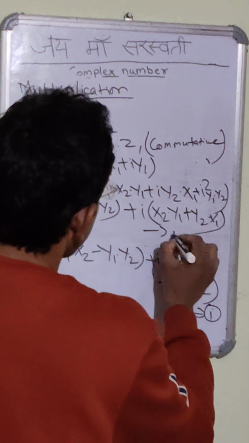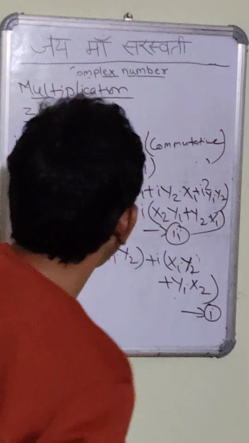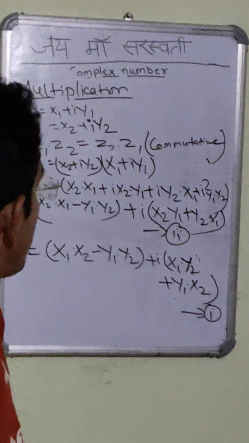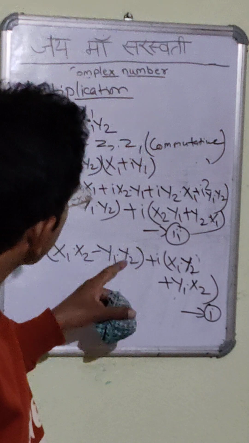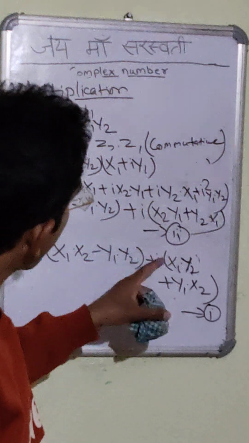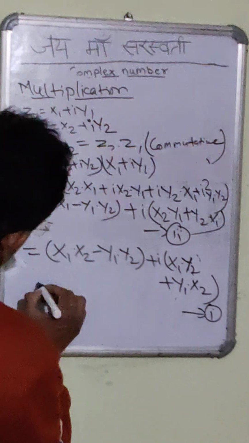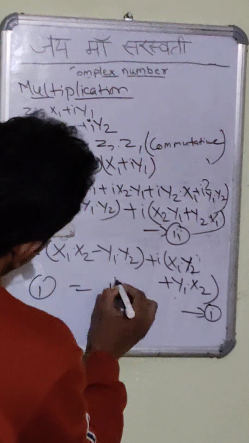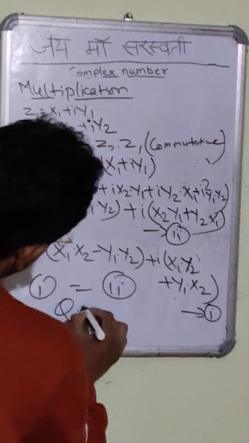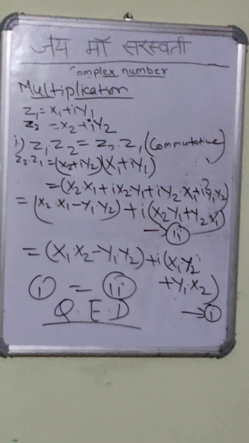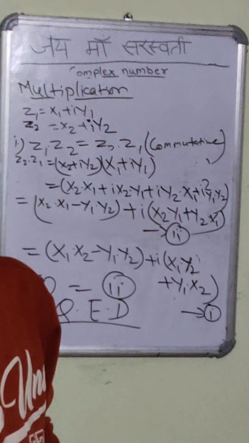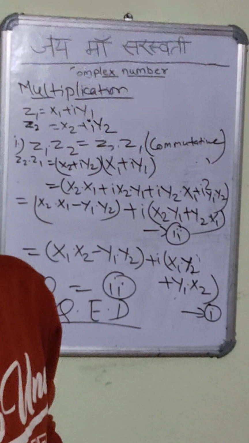So this is the second equation: x2 into x1 minus y1 into y2 plus i (x2 into y1 plus y2 into x1). We see here that 1 is equal to 2. So it is demonstrated that the multiplication of two complex numbers is commutative in nature.